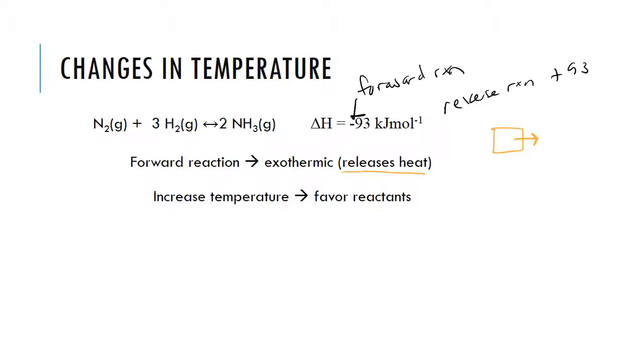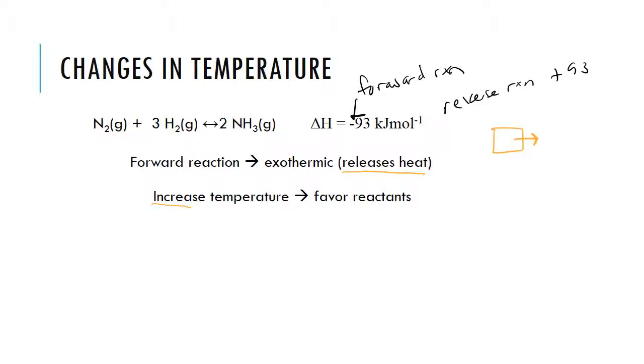So if we increase the temperature of the reaction, what's going to go on? If we increase the temperature, more heat is being pumped in. You're going to favor the endothermic reaction.